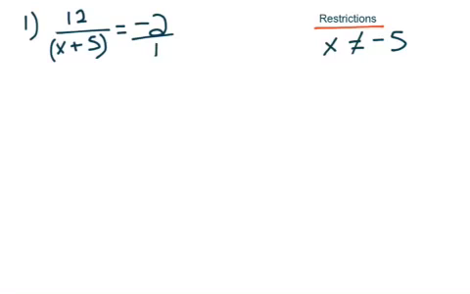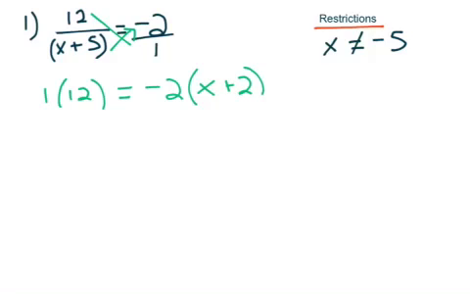Okay, so we are going to cross multiply just like we did all last week. I'm going to go through this piece quickly because you do know what to do. Now, this is a -2, so watch out for that. I have made that mistake a couple of times already. So 1 times 12 is 12.